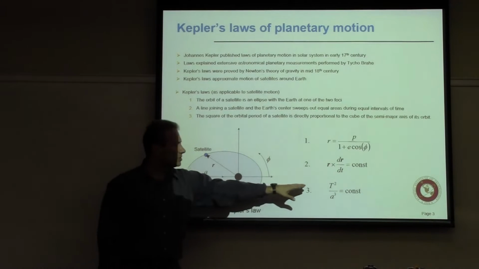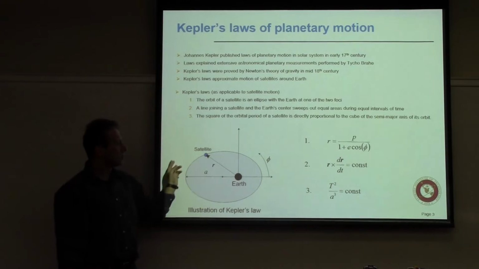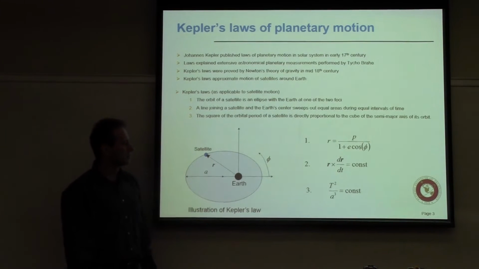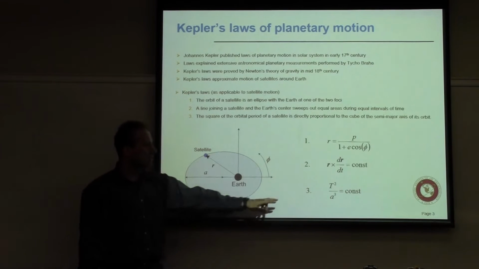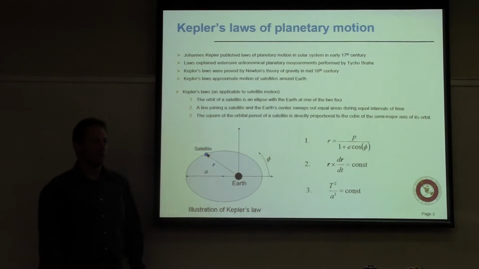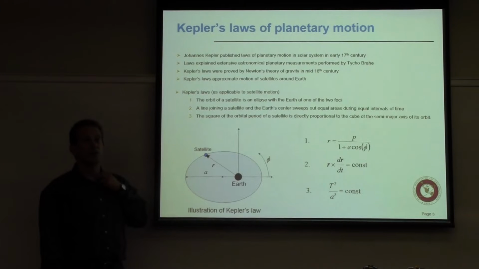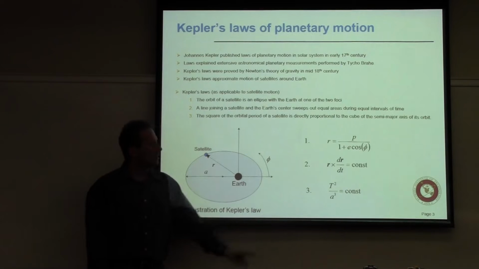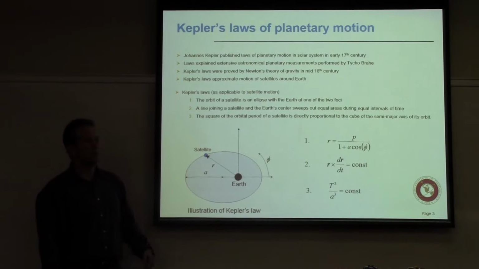So this ratio of T squared, the square of the period it takes for the satellite to orbit the Earth, and the cube of the semi-major axis remains constant, right? Which is also directly observed from the data. So if you look at all of these three, you can see how they could be derived without actually knowing physics.